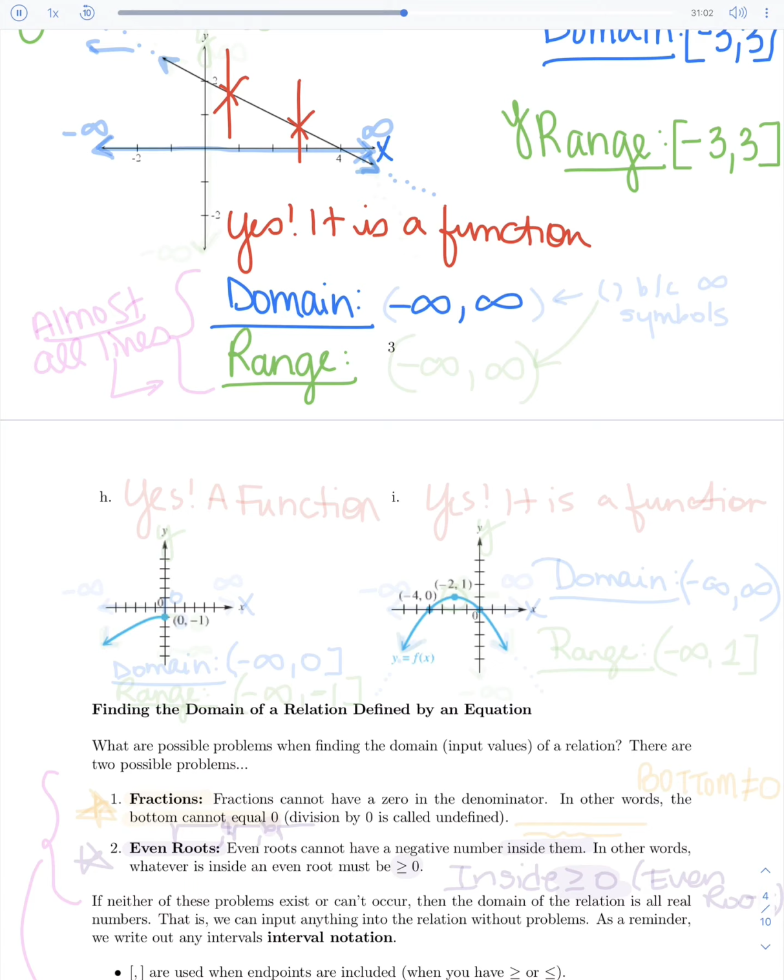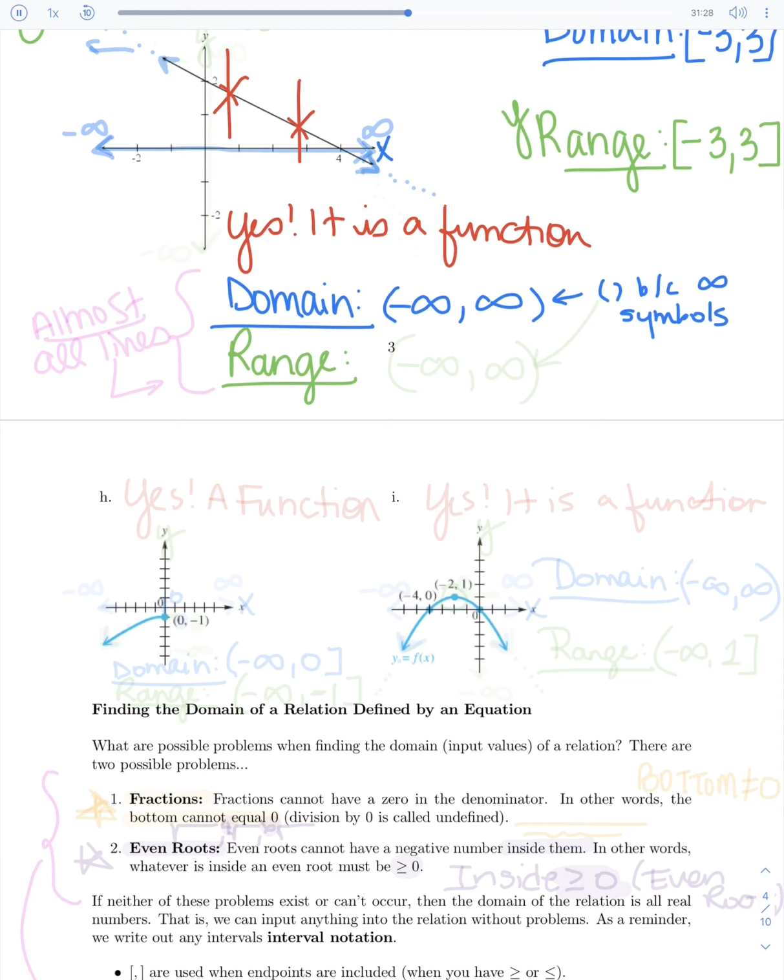We always use parentheses with infinities no matter what, so those will automatically be parentheses because they're infinity symbols. But this makes sense. What this is saying is lines will go left and right forever in both directions. That is what lines do.